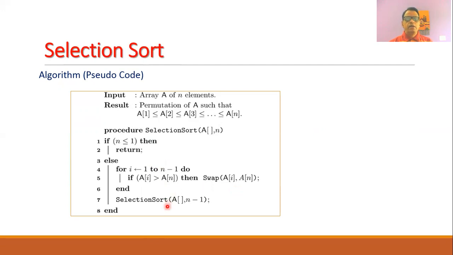And then again, we will call the same procedure. So it is possible that in the procedure of selection sort, you can call the same procedure again. And this is called a recursive method of writing the algorithm. But the only difference is that now the number of elements in the array will be reduced and it will now be n minus 1.